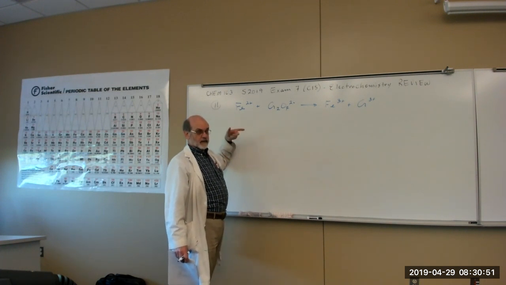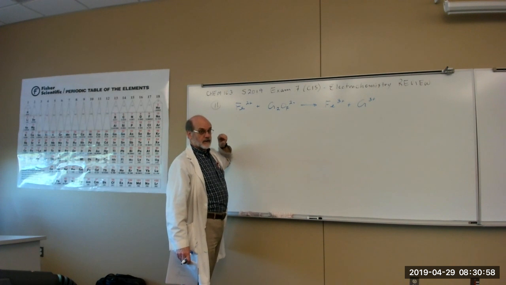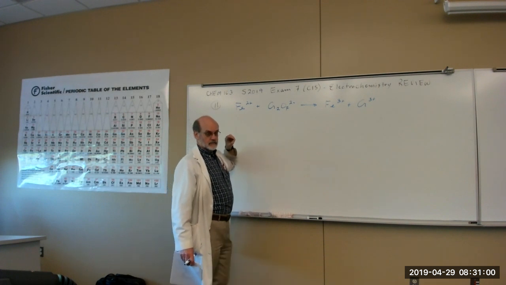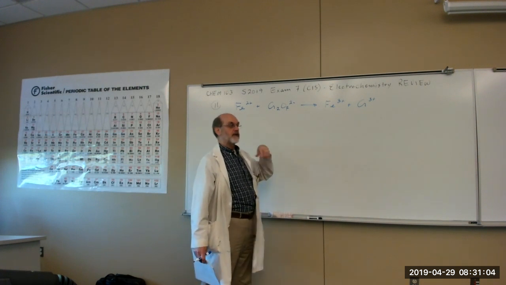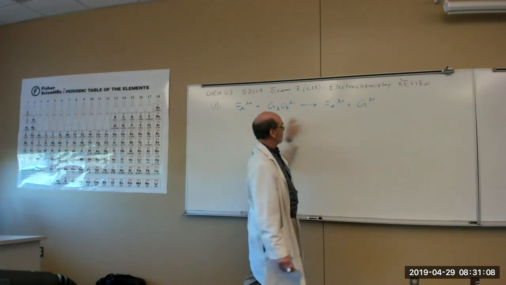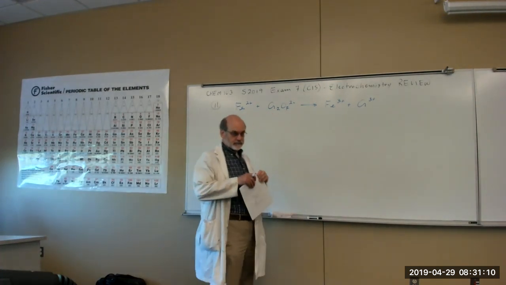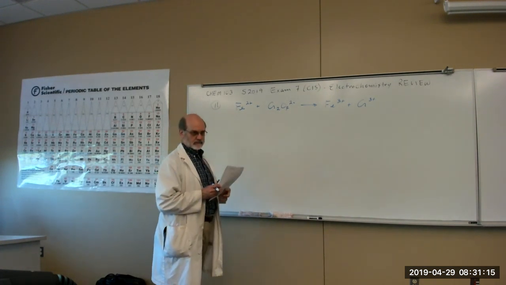That's a spontaneous reaction. If you want to drive the reaction in reverse, then you provide an external direct current opposing the spontaneous direction, and you run the reaction in reverse. Okay, that's an electrolytic cell.